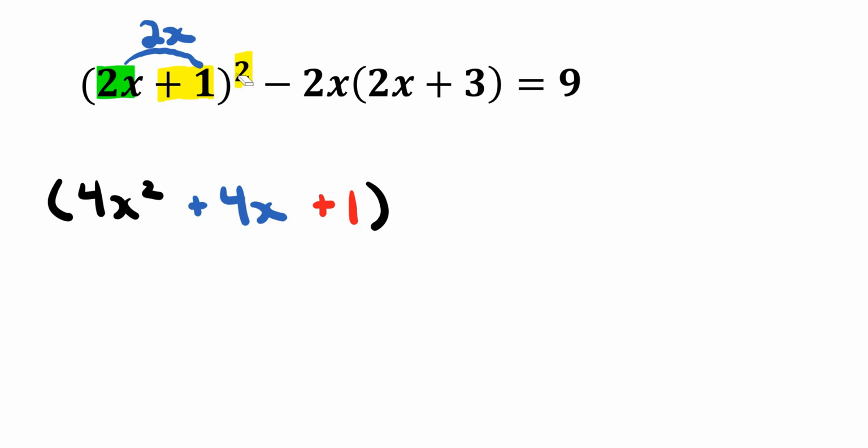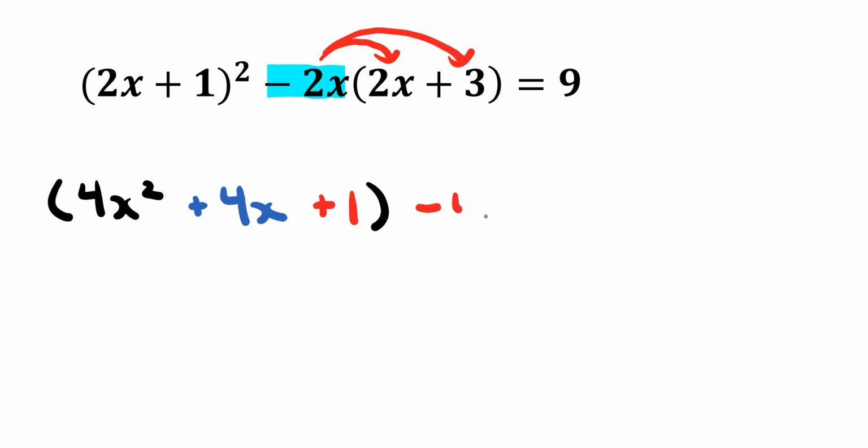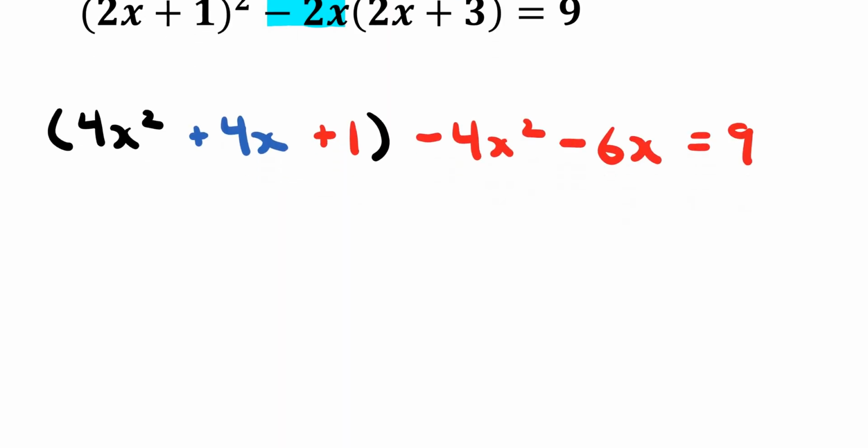And then from there, I'll just erase all that. I have a negative 2x, and then we just multiply it through by distributing. So this gives me a negative 4x squared, and a minus negative 2x times 3 is minus 6x equals 9. Okay, from there, if you want, you can just remove the brackets here.